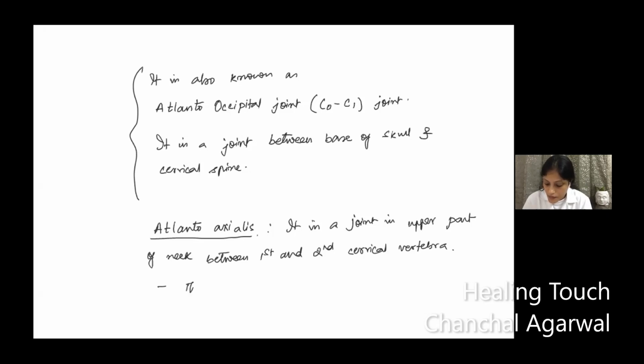The pivot joint. फर्स्ट वर्टिब्रा मतलब एटलस, सेकंड वर्टिब्रा मतलब एक्सिस.